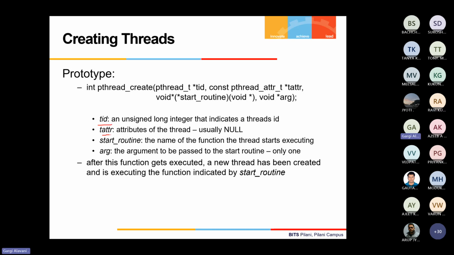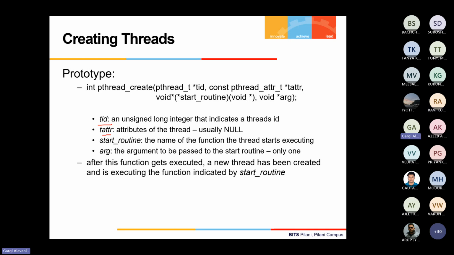The attribute is the attributes of the thread, usually NULL, but you can add attributes for scheduling or stack sizes. The start routine is the function that the new thread will execute.